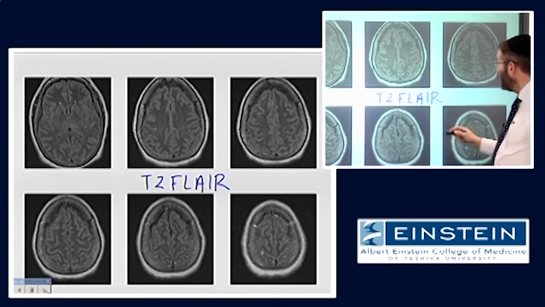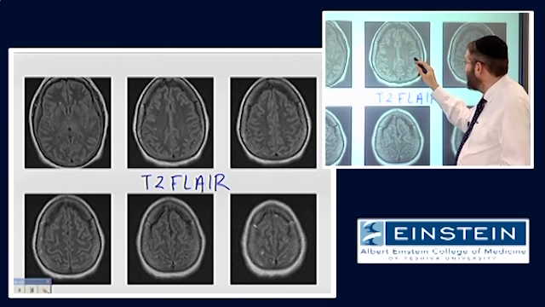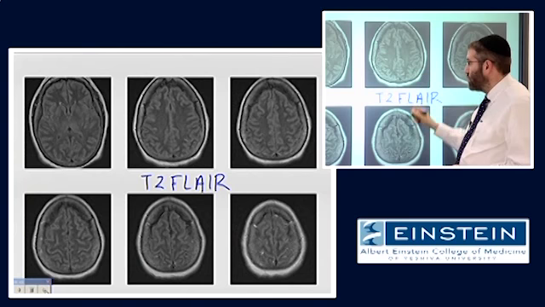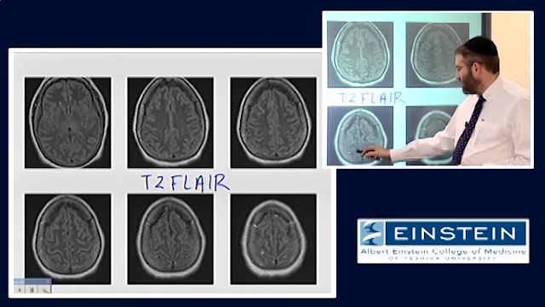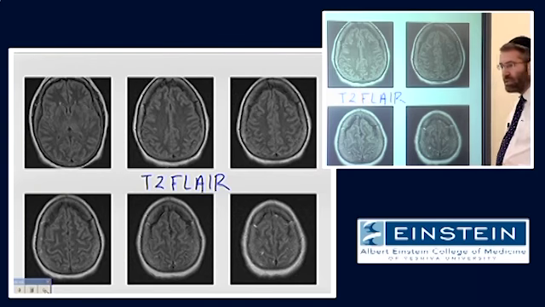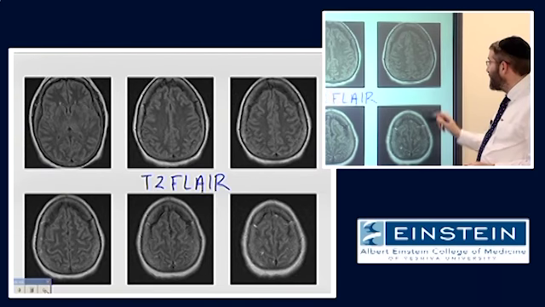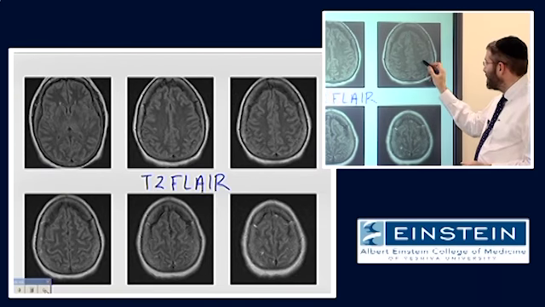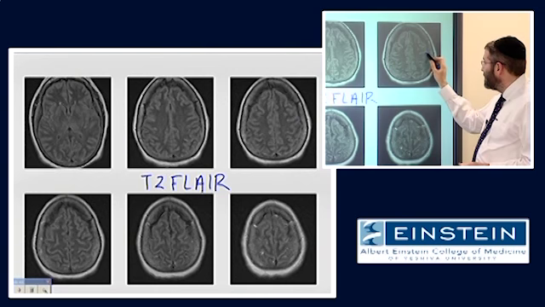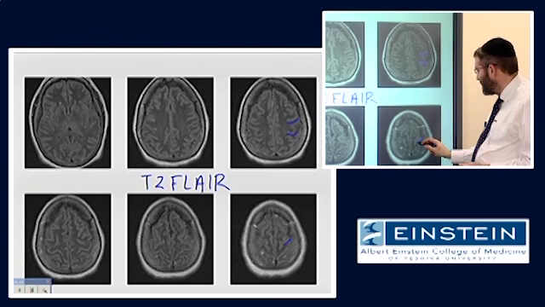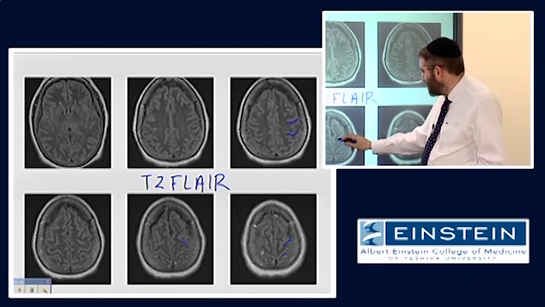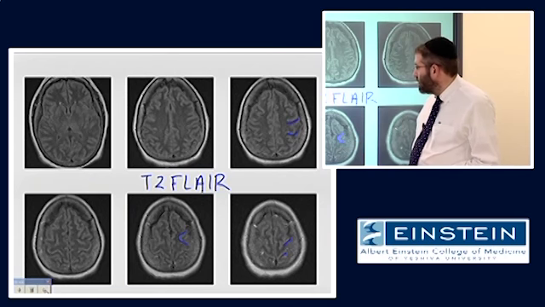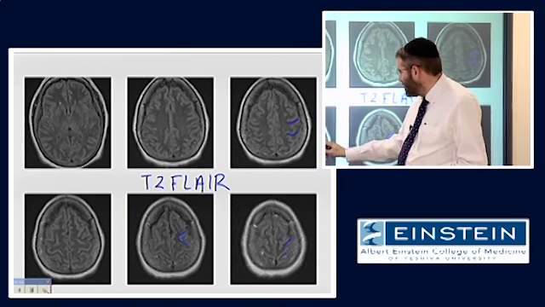Which means that if we look at the sulci, which should be filled with CSF, we should see black in the sulci. Now in this case, if you look at these sulci, you can see that many of them at least are outlined by these bright white lines. Do you see this? Actually, these are probably better examples. So what's going on in this case?